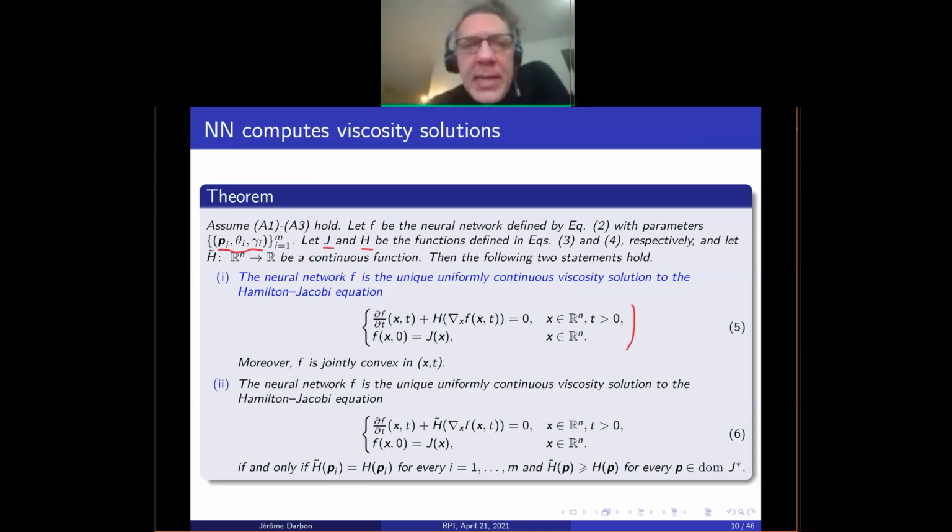And you can show that f is actually the unique, uniformly continuous viscosity solution to the following Hamilton-Jacobi PDE.